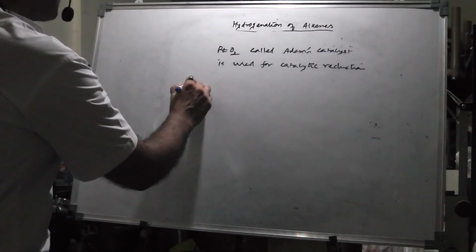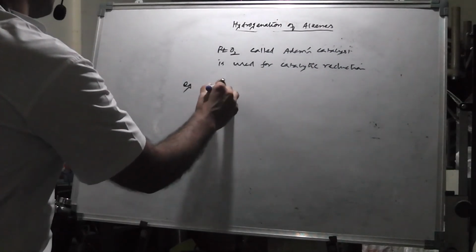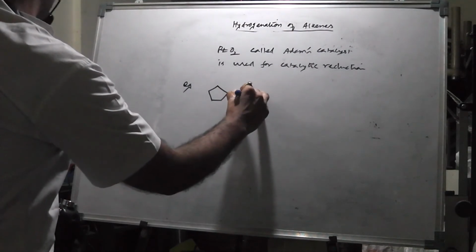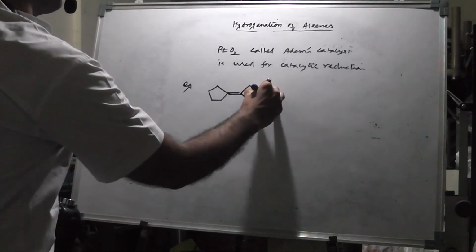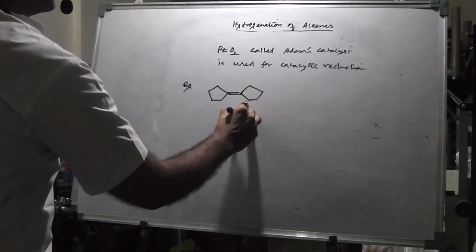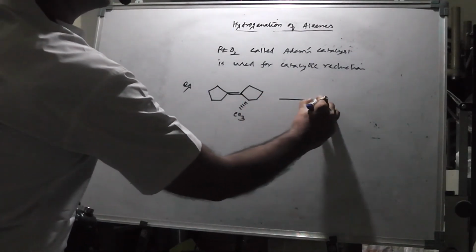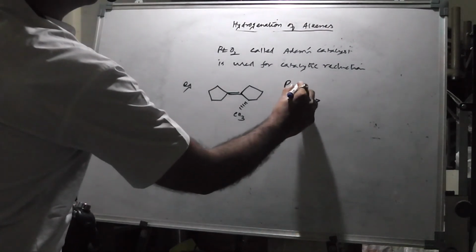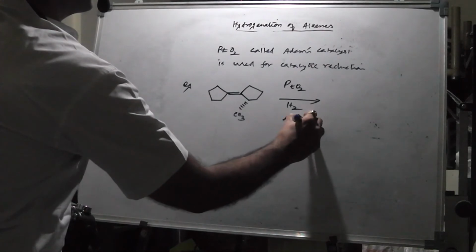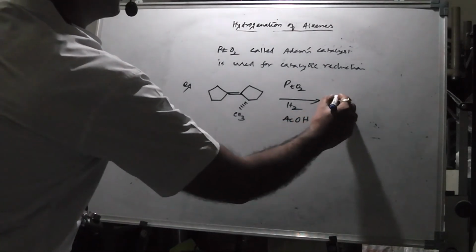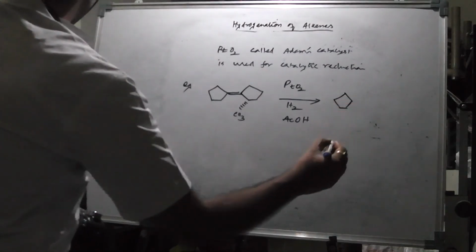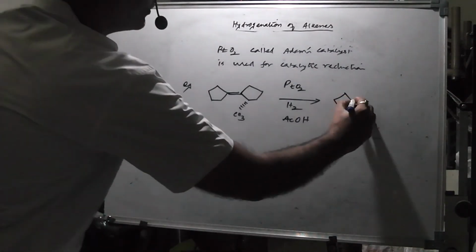Example: cis product will be predominating because it is a syn addition.